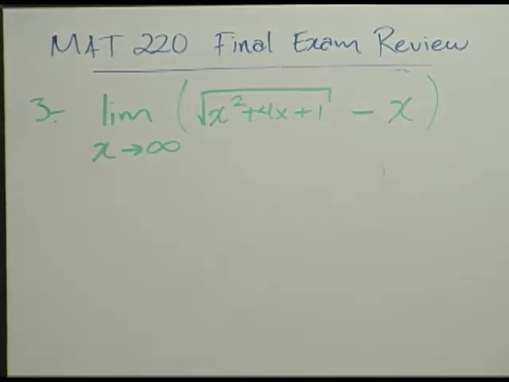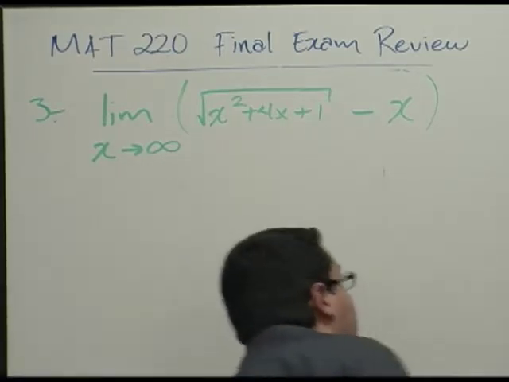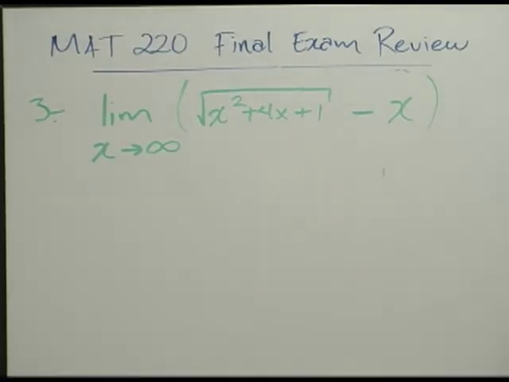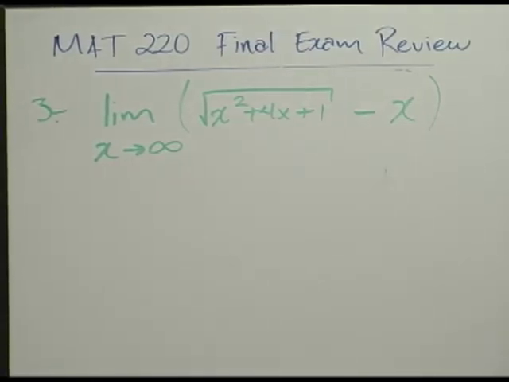Any suggestions here? Yeah, multiply the top and the bottom by the conjugate. In this case, of course, the denominator being 1. Okay? So let's give it a try.